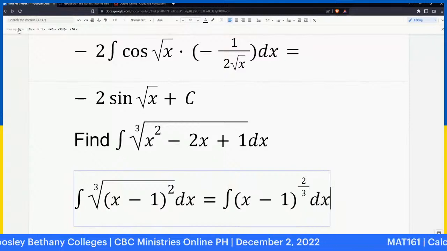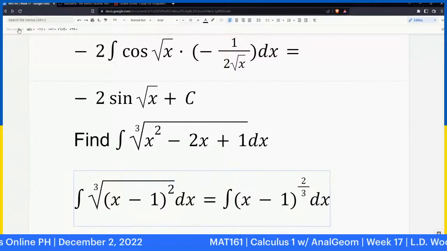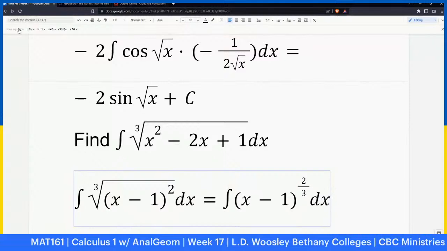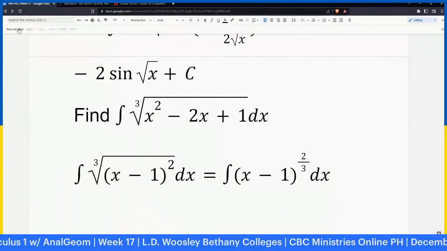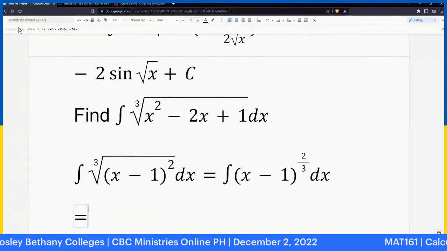Alright? So that's u raised to n. Integral of u raised to n is u raised to n plus 1 all over n plus 1. Alright? Pwede na pag ganito, no? So apply na natin yung mga formula.